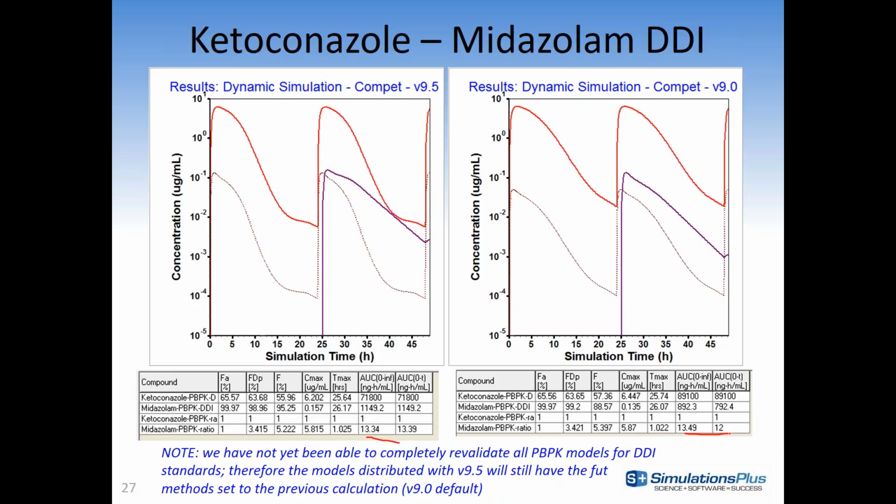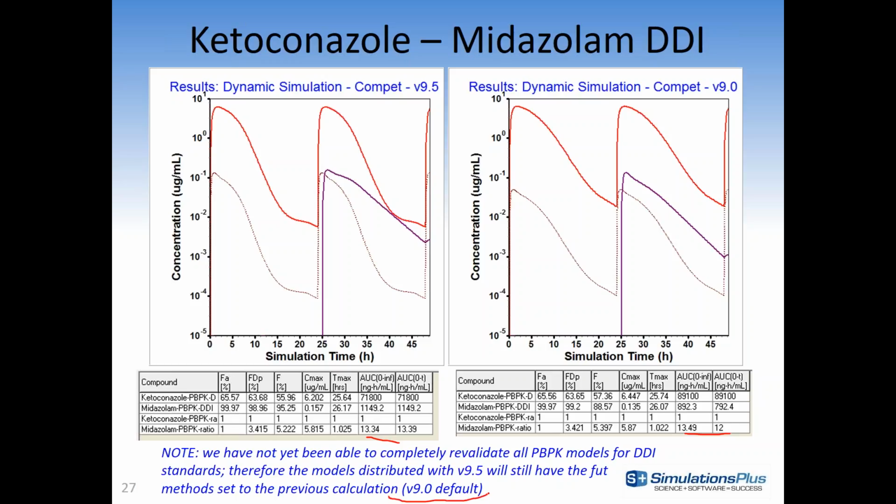But it will take us a while to go through all of the PBPK models that we have in the database of DDI standards and recalibrate or revalidate the models with all the variety of DDI studies that we've done when we were initially calibrating or implementing these models. So within version 9.5, all the models for the DDI standards that are coming in the DDI standards database will still have the FUT method set to the previous calculation that was with version 9.0.